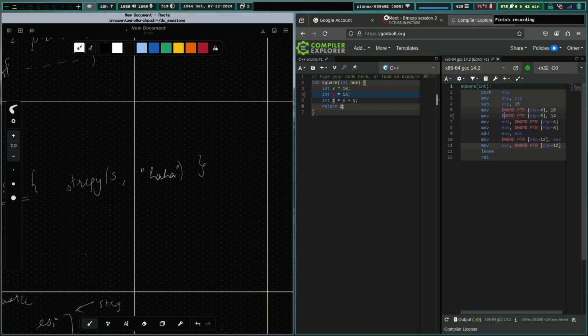Regardless, as you see, you refer to variables through this. You first loaded EBP minus 4, that was 10, that was X. X you loaded in register EDX. Y you loaded in register EAX. Then you did an add.